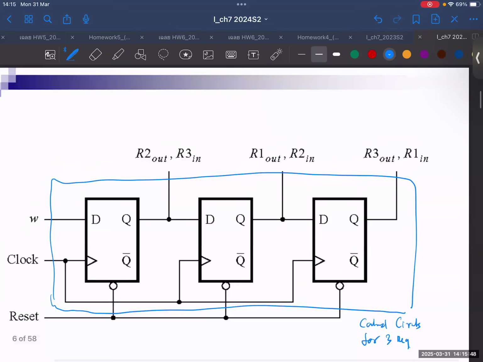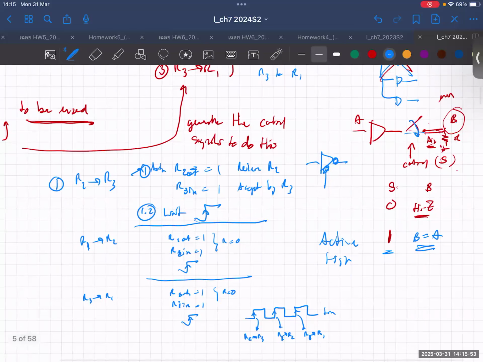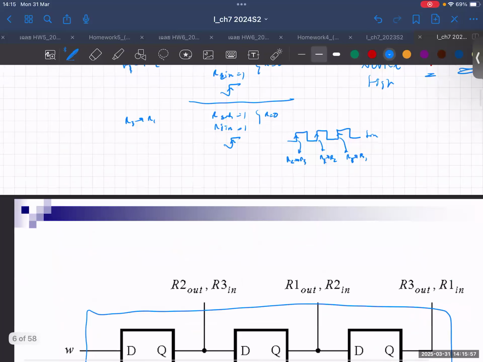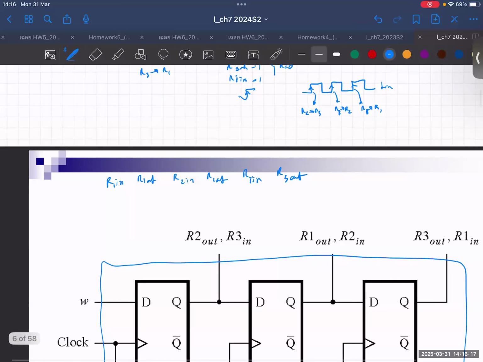Okay, and here you can see that we can determine this. If you write the signal out, of course, it has 1 in, 1 out, right? And then 2 in, 2 out, 3 in, 3 out. You can see the sequence that happened. So these are all 0, the first step, right?